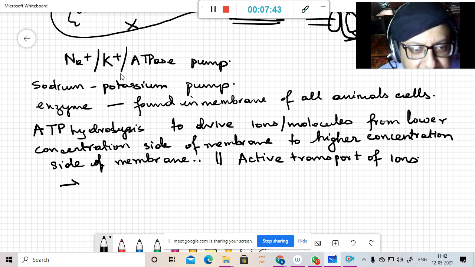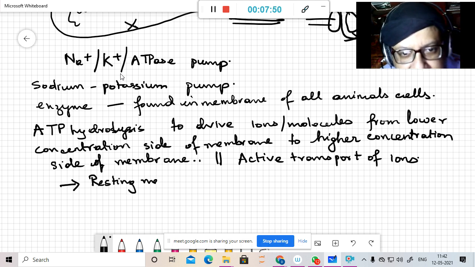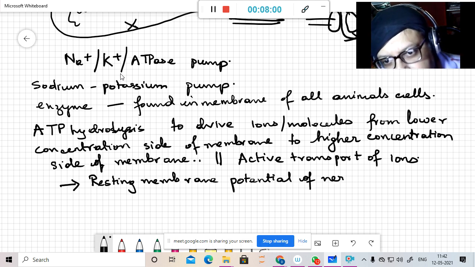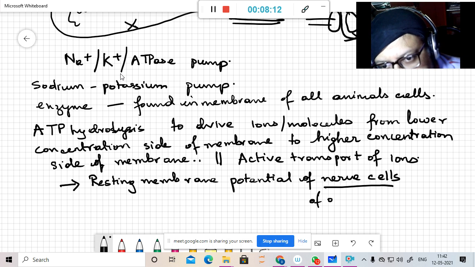The most important function which you have seen is that it is useful in maintaining the resting membrane potential of nerve cells, and of course not only nerve cells, of other cells as well.